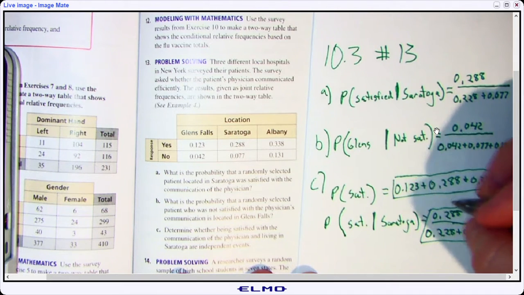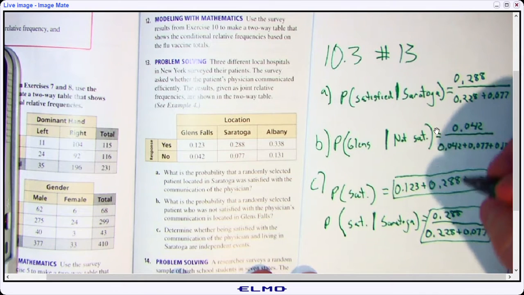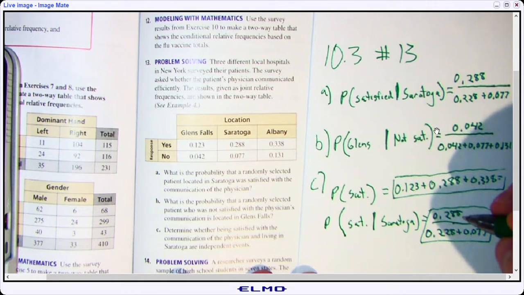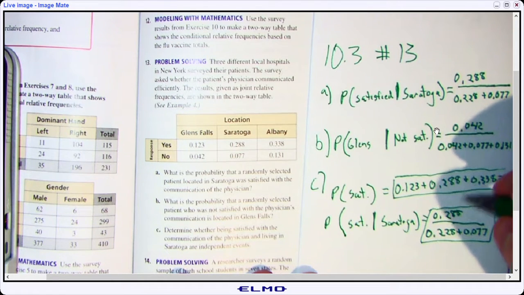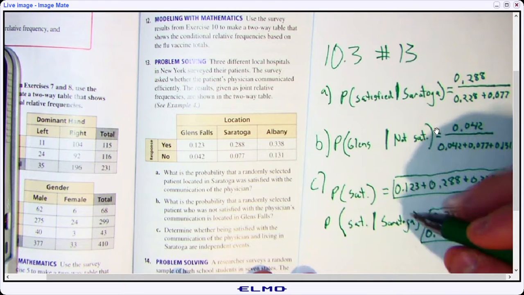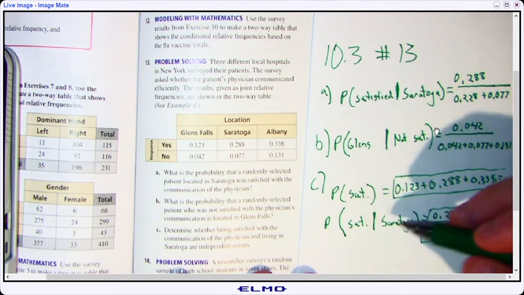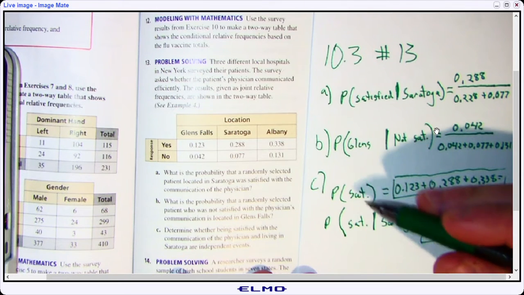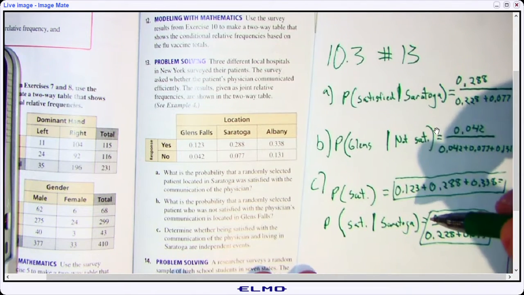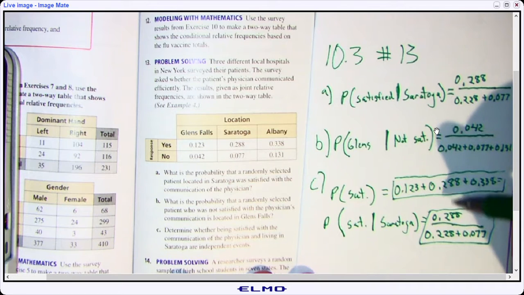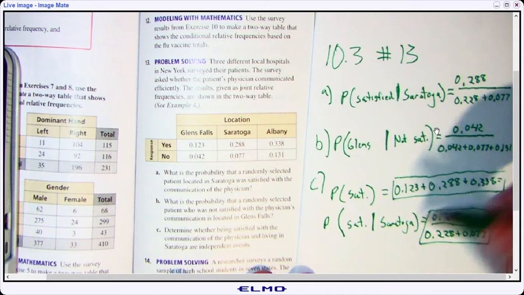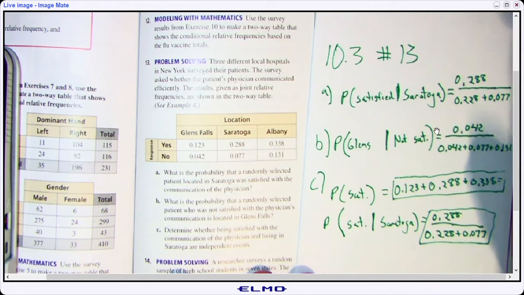If this one probability is about the same as this probability, then we can say that the events are independent. It doesn't matter that you live in Saratoga. You're still just as likely to be satisfied with the service. If these two are not about the same value, well, then these would be dependent events. And I'll let you figure that out on your own.